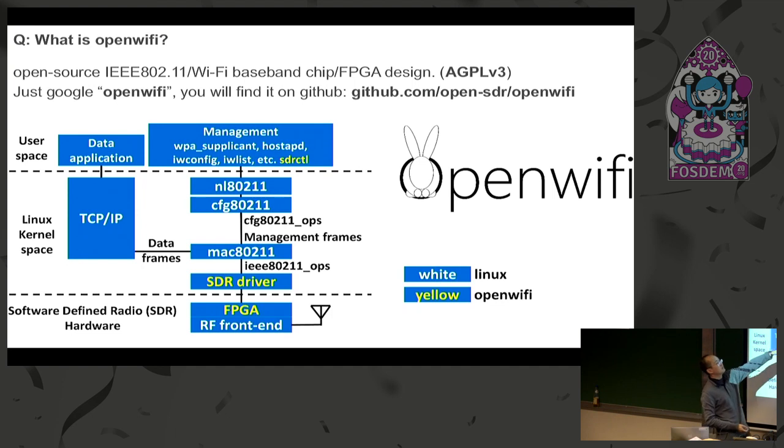We also offer you a very tiny user space tool to communicate with our driver and FPGA. So that's the basic architecture. As you can see, same as a commercial chip. Actually, if you go to our demo, you can use your cell phone to connect to the chip, the Linux running over the chip, and there's hostapd, there's a web server. You can access it, just like you access a commercial Wi-Fi router.